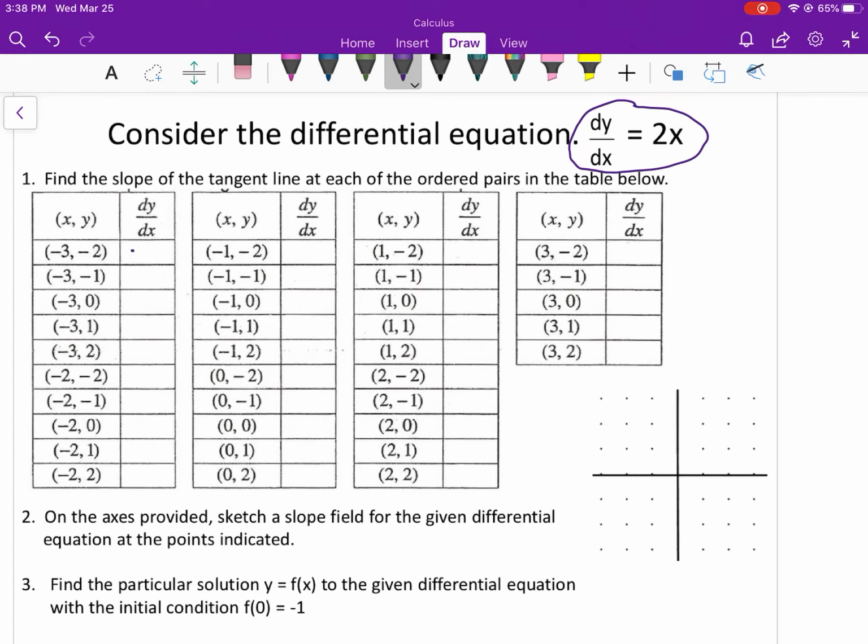So go ahead and fill in your chart, multiplying every x times 2. Seems a little redundant, but it's going to be okay.